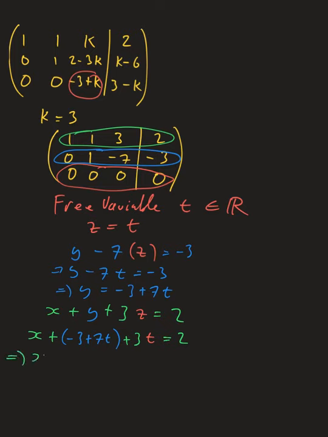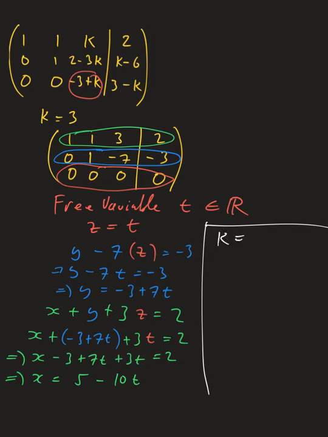So that implies that x minus 3 plus 7t plus 3t is equal to 2. So when I work that all out, I will end up with x is equal to 5 minus 10 times t.